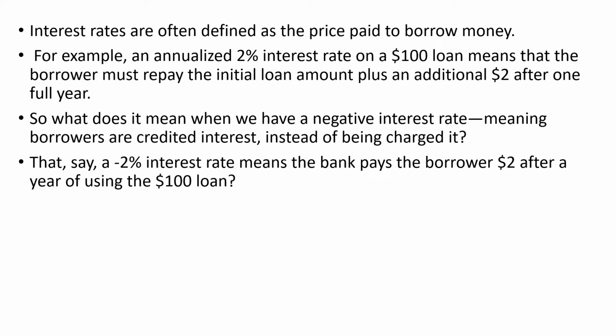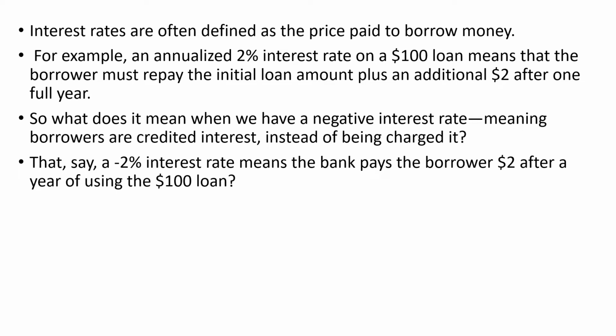So what does it mean when we have a negative interest rate? What can we say when borrowers are credited interest instead of being charged for it? In other words, in the case of negative interest rate, a 2% interest rate means that the bank would be paying the borrower $2 after 1 year of using $100 as a loan.